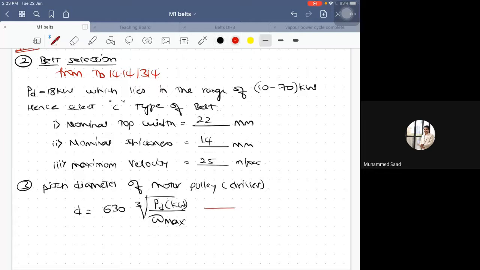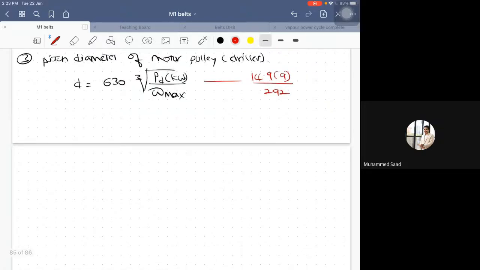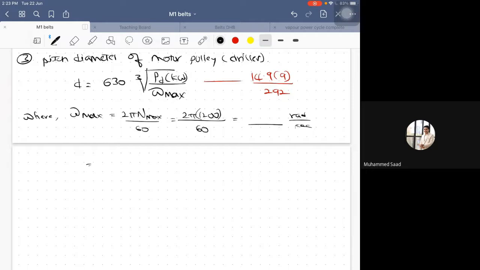This equation I have taken from 14.9a, page number 292. Here you have to calculate the value of omega max, which is equal to 2 pi n max divided by 60. You have 2 pi times 1200 divided by 60, that is equal to 125.66 radians per second. Once you get that value, please substitute it here.